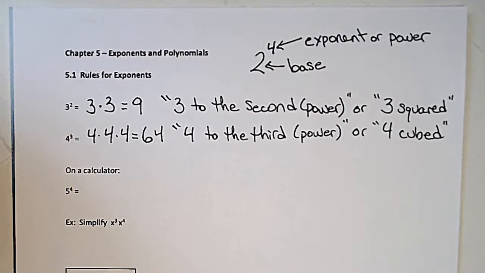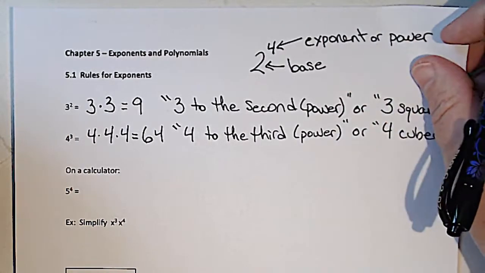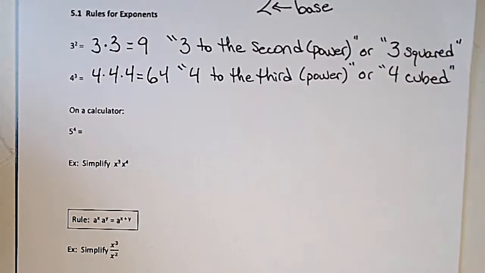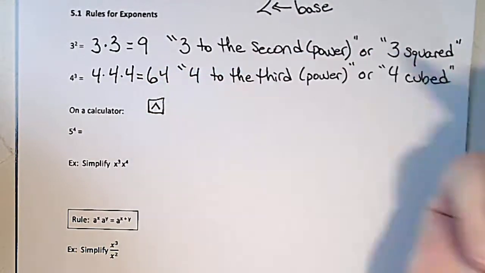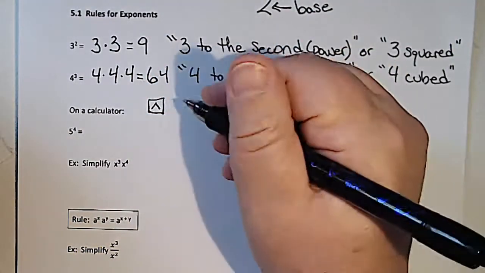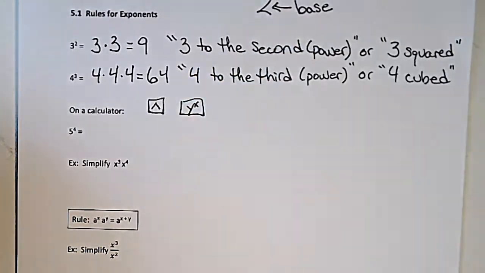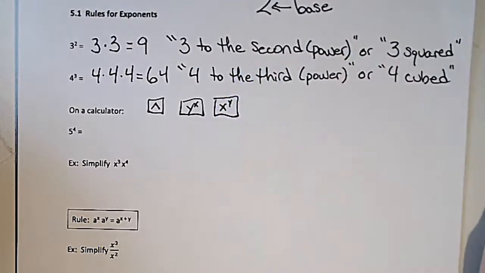So how do we work with these? Well, the first thing we need to do is figure out how to calculate these on calculators. They're different on different calculators. On a calculator, you're looking either for a key that looks like a little rooftop, or a y to the x, or an x to the y.